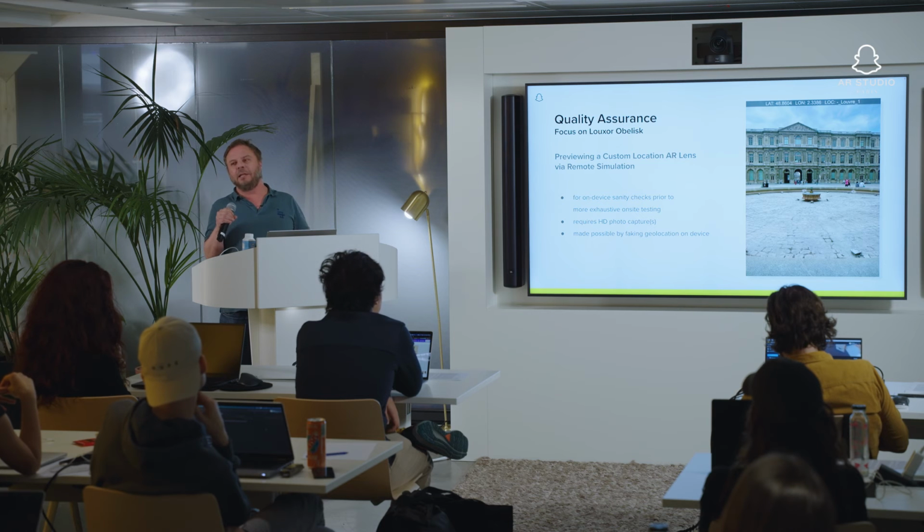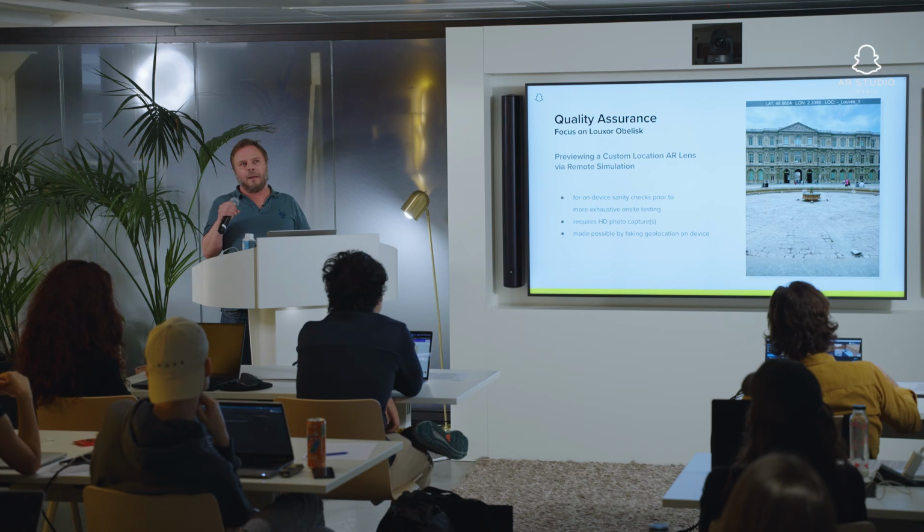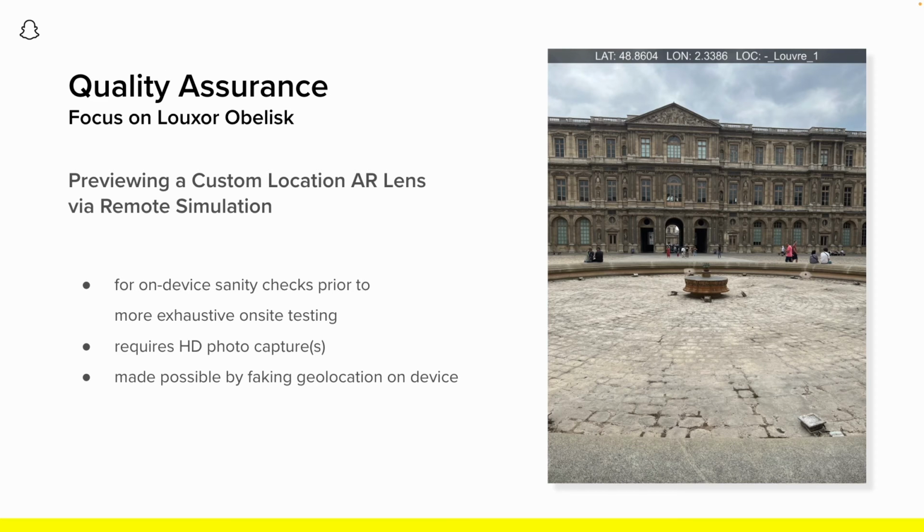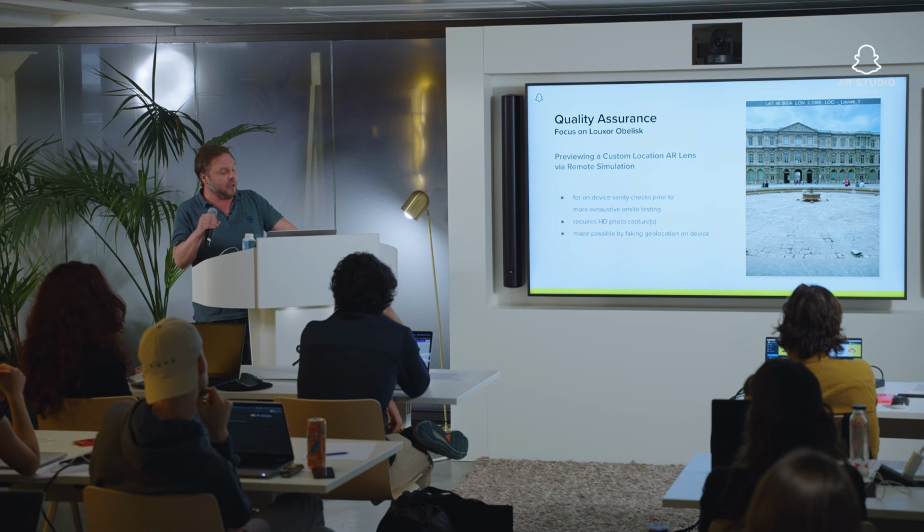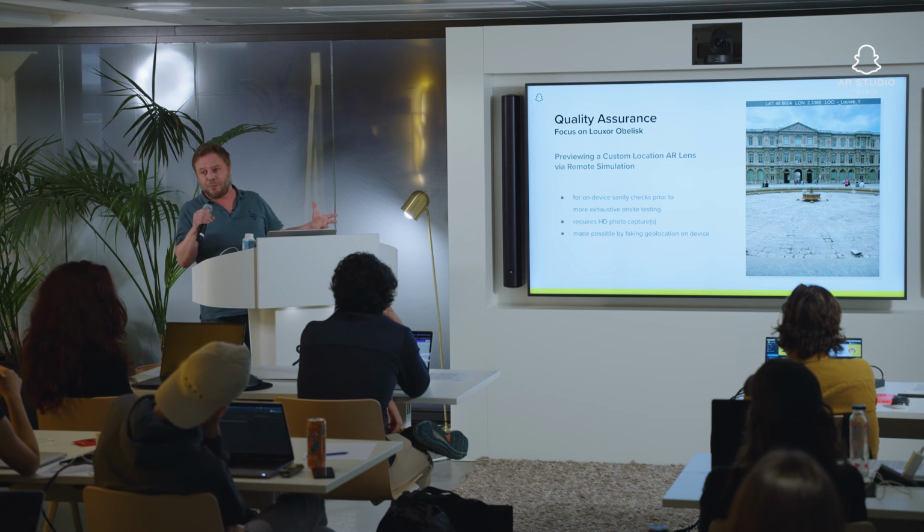And this is particularly interesting when we're talking about an outdoor experience with the Parisian weather, which sometimes can be a bit challenging. This process of remotely simulating a custom location AR experience requires HD photo captures.